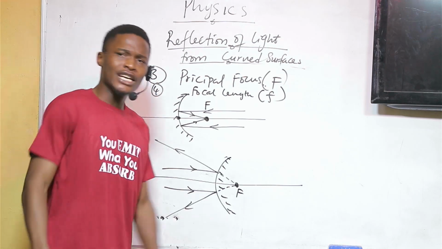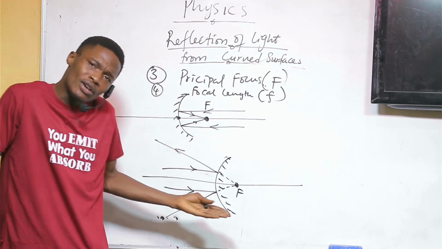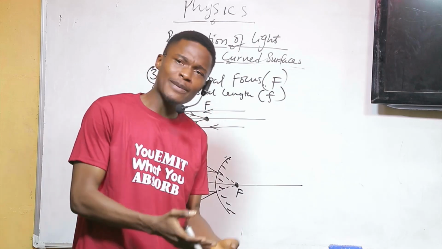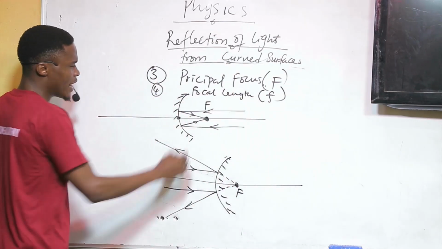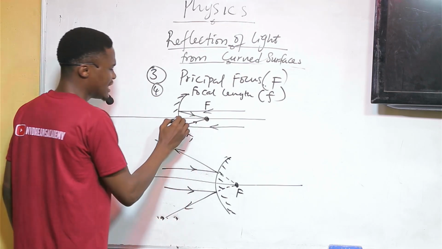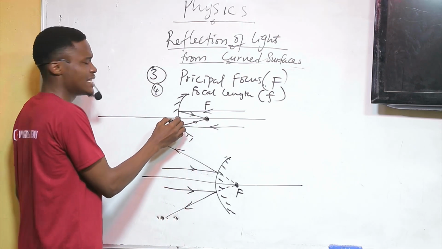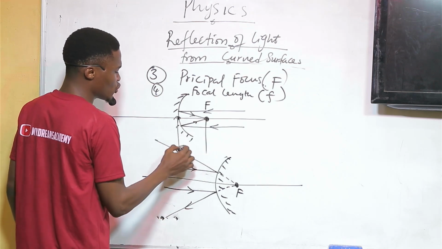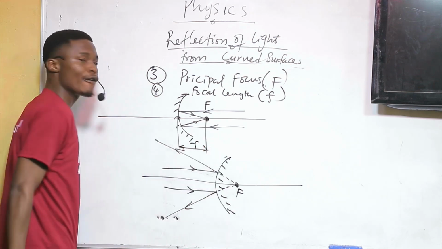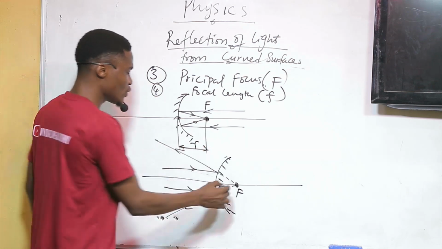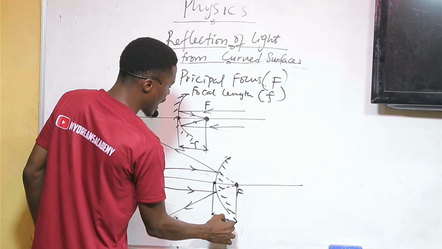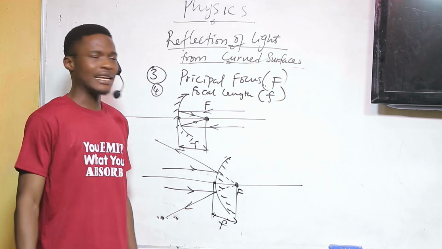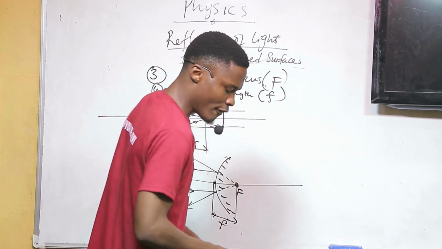So if I say focal length of a mirror, it is the distance between principal focus and the pole of that mirror. Imagine we have this: this is our principal focus, this is our pole. The distance between these 2 points is our small letter f, focal length. That is term number 4.